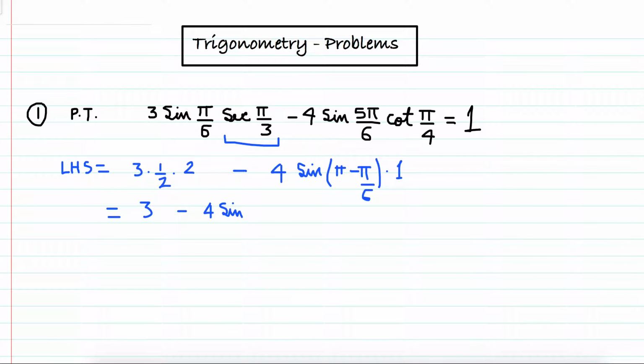So we can write sine pi by 6. Sine pi minus pi by 6 is sine pi by 6, which we can write as 3 minus sine pi by 6 again. So here sine 30 is half.